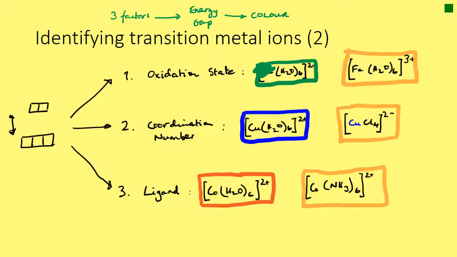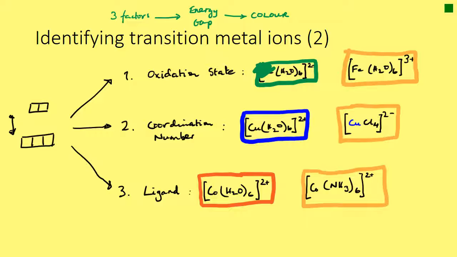Well, the colour comes from the energy gap, as we've been through. That's the energy gap between the 3d orbitals. And what affects the energy gap? Well, three factors affect the energy gap, and so the colour is specific to not only a transition metal ion, but the transition metal ion as determined by individual factors. So let's go through that now.